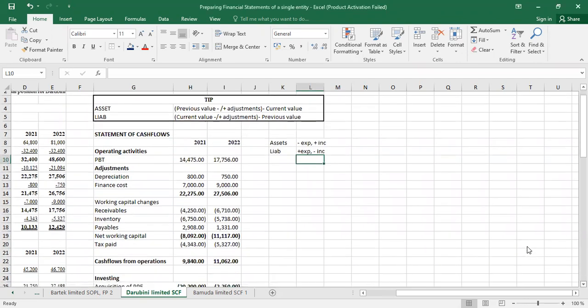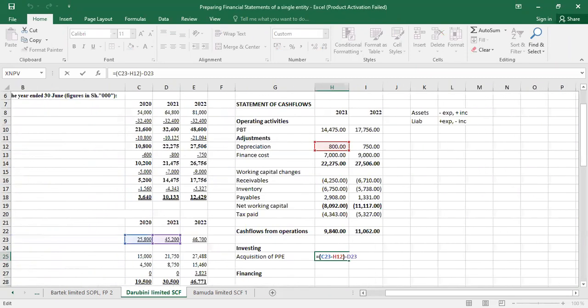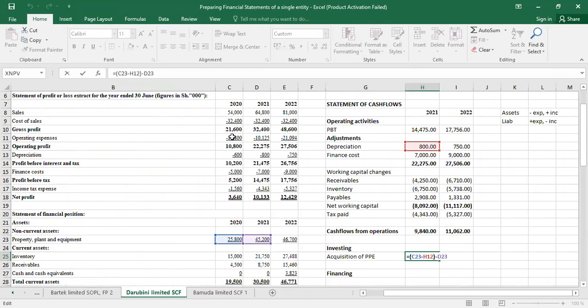So the depreciation here, we took this depreciation, isn't it? We lessed it. Like if we were to use this depreciation, then remember this depreciation has a negative, isn't it? That one we must keep in mind. So it will be plus.